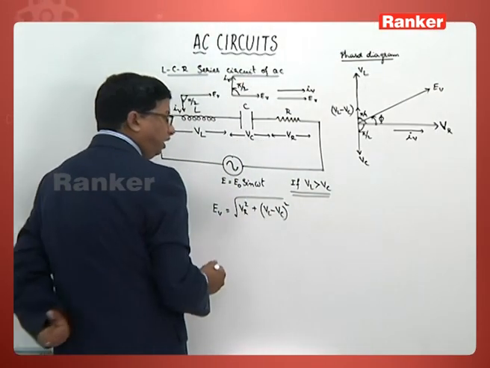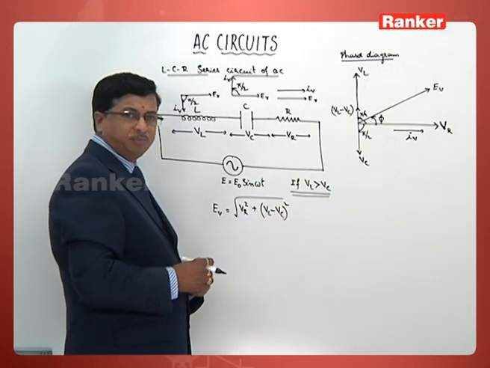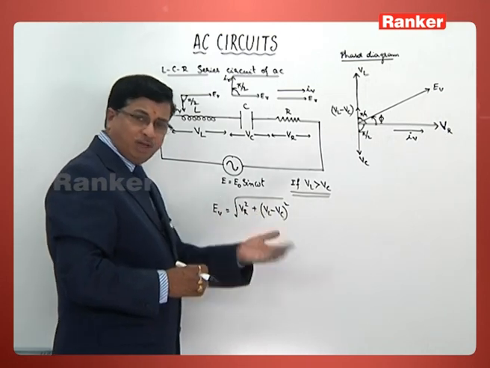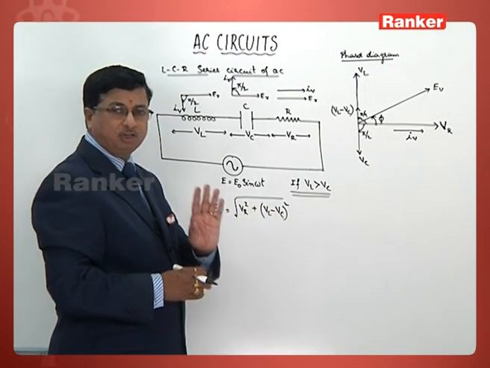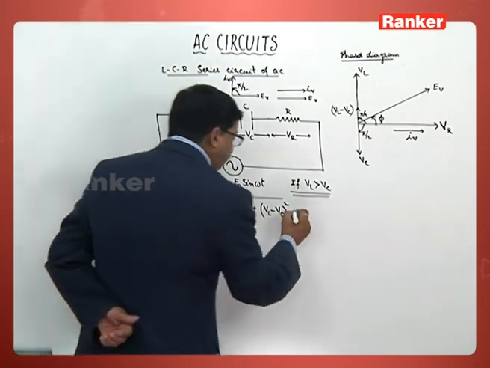Because VL is greater than VC, I have taken it like that, therefore it comes to be this way. Otherwise we can write VC minus VL whole square, the value will not be affected by that. So we can write the same equation this way also.